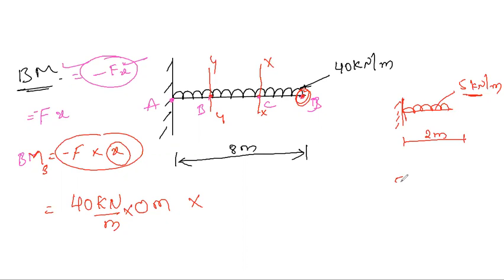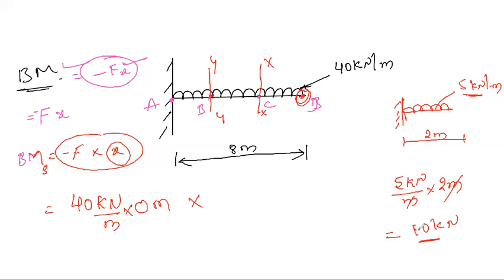That is 5 kilonewton per meter into 2 meter, right? If you do so, you have converted the UDL into a point load. This is nothing but 5 into 2 is 10 kilonewton. 10 kilonewton will be your point load.